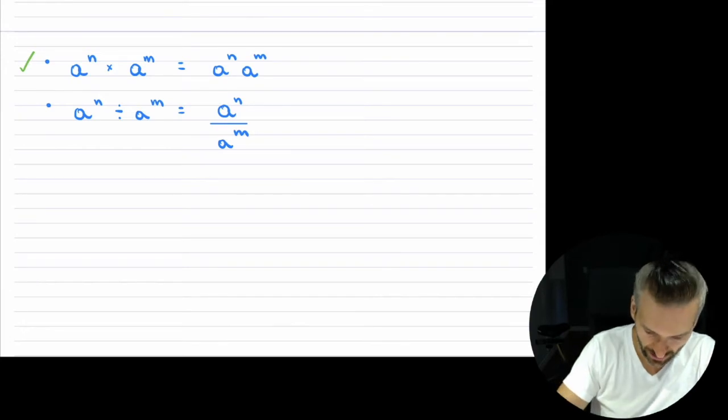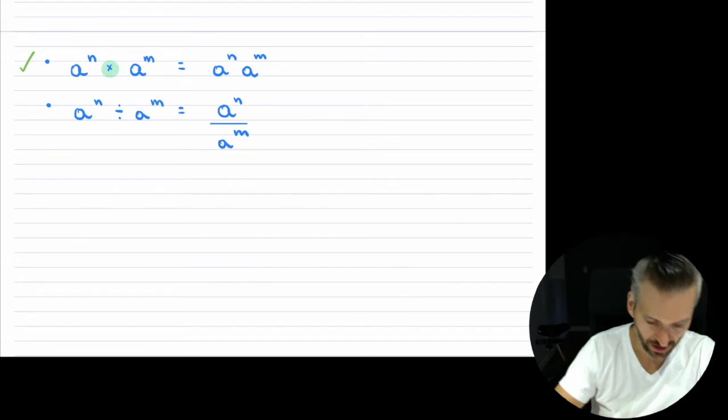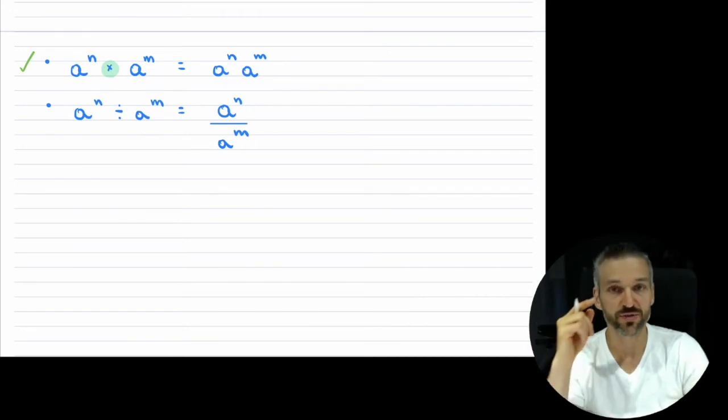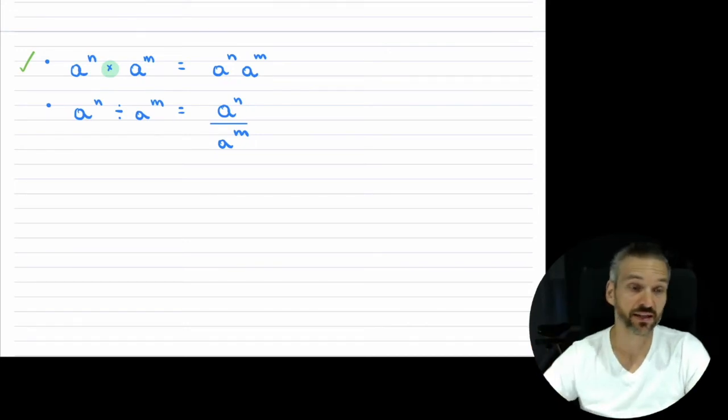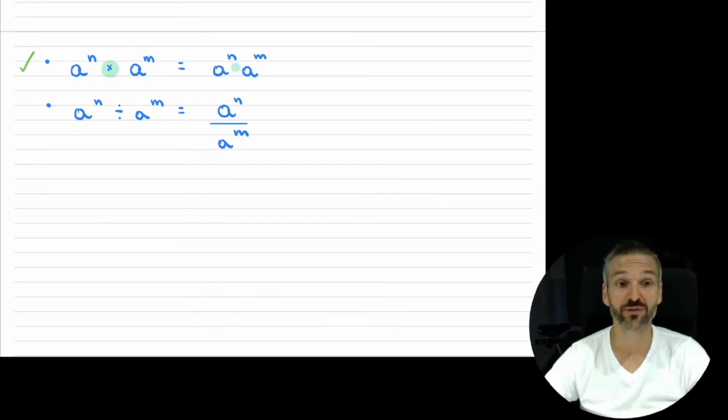The only thing I wanted to point out is that when we have a multiplication between two different factors, in this case a^n and a^m, we do not need to write that multiplication. It is understood that the multiplication happens.